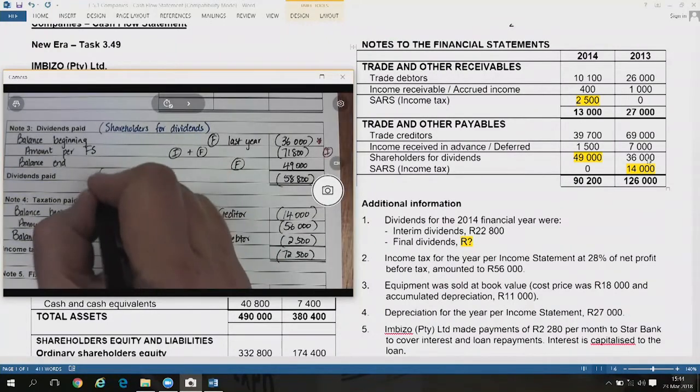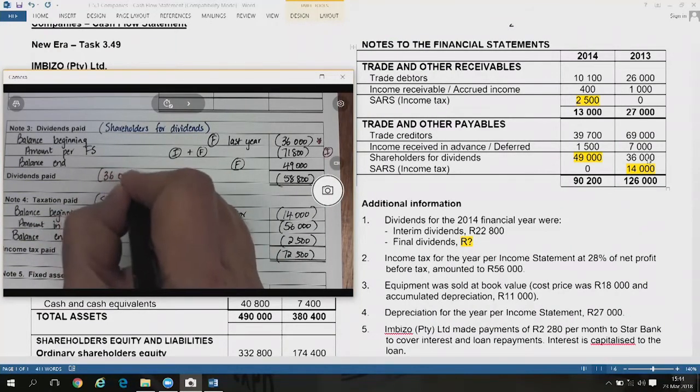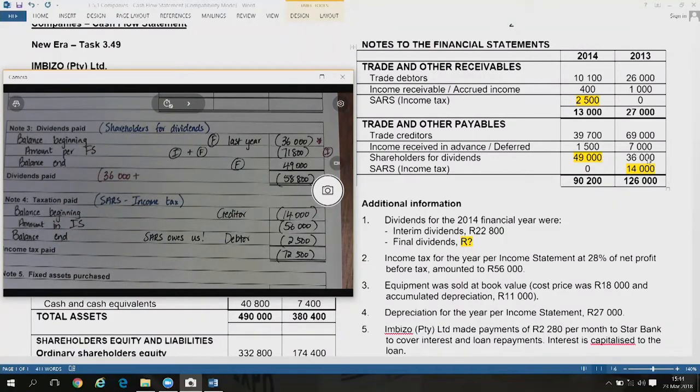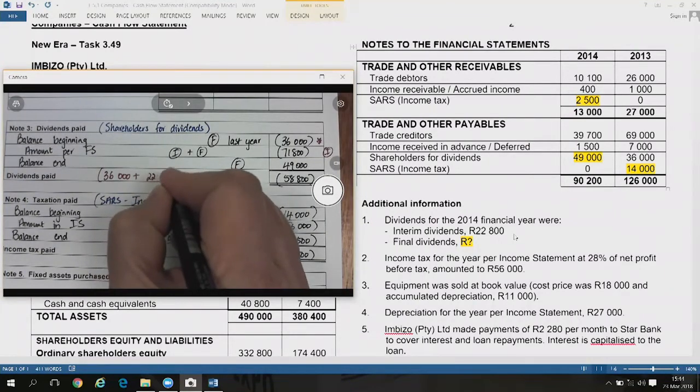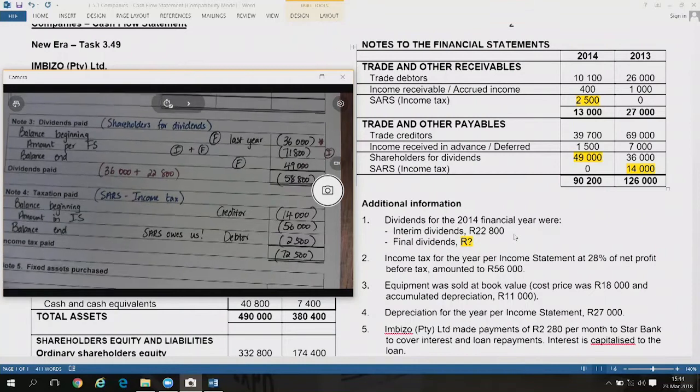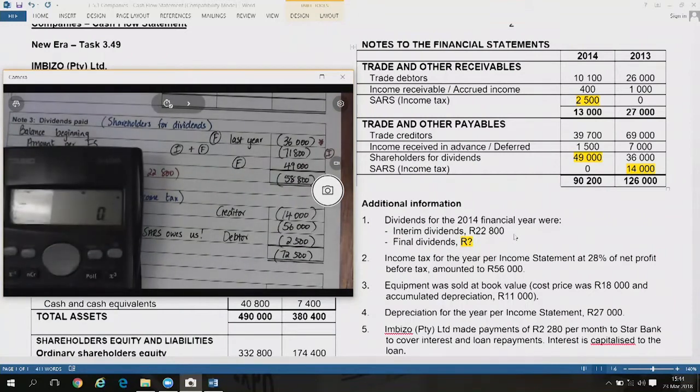So we paid the 36,000, that was the final dividend of last year, and the interim dividend, given to us as 22,800 plus 22,800. So you can check yourself by saying, I paid the final dividend that was declared at the end of last year, I paid the interim dividend, and that gives me 58,800.